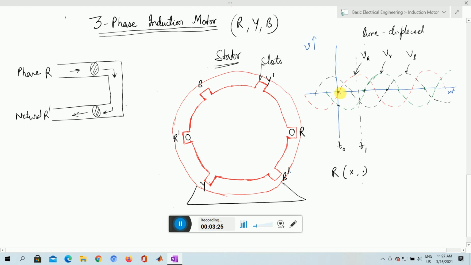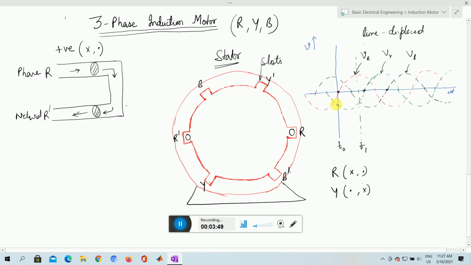At that time, Y has a negative value, so first we have a dot, then a cross, because we assume that positive means first a cross, then a dot.